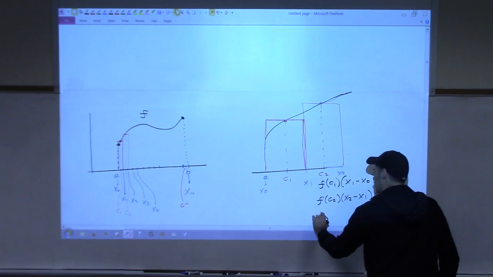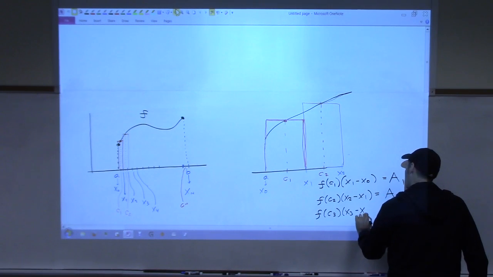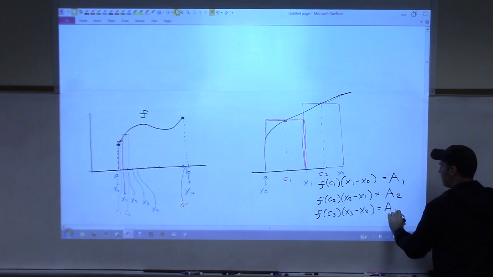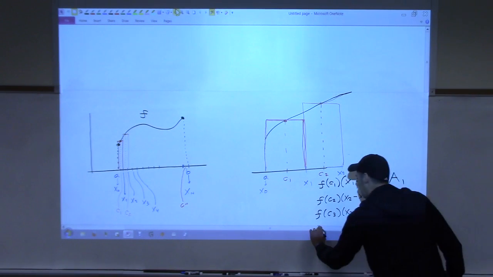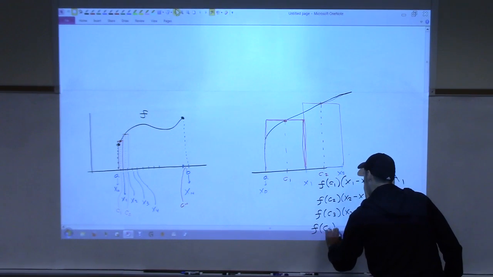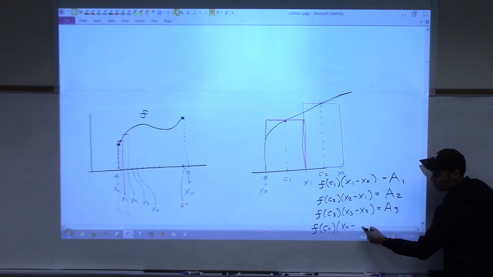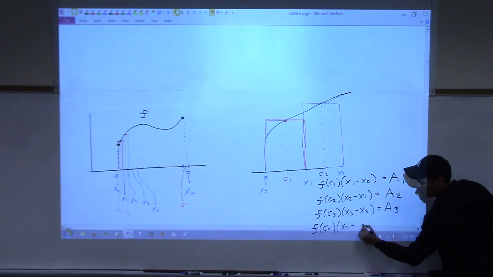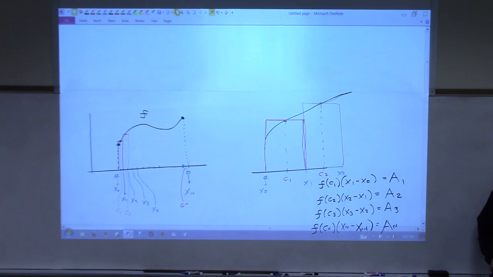And I keep doing this until I get all the way out to the last rectangle, which would be f of c sub n, x sub n minus, what would be the one right before it? X sub n minus 1, good. And that would be the area of the nth rectangle.